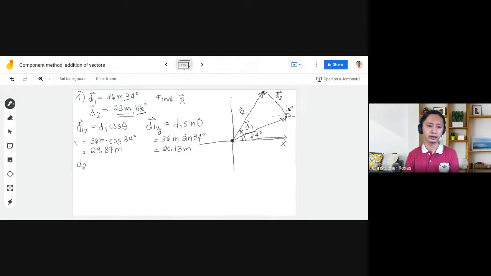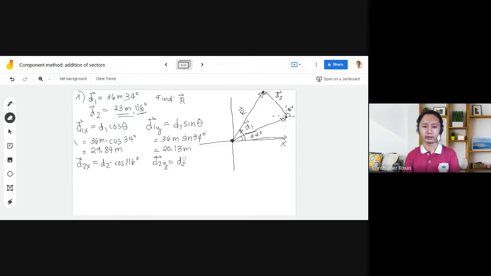So D2x will be D2 times cosine 116 degrees. And D2y is equal to D2 times sine 116 degrees.